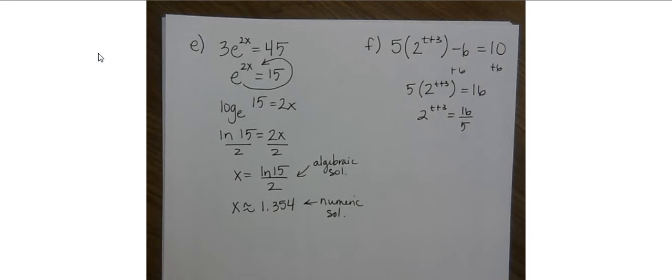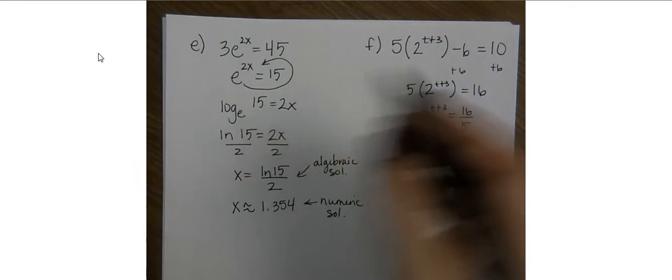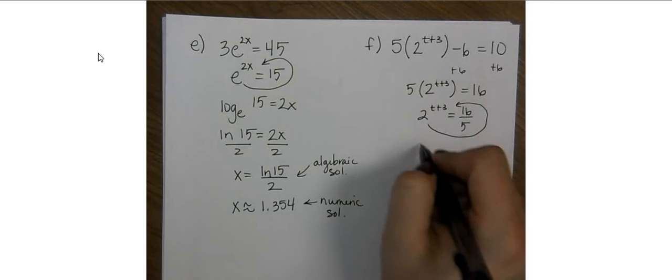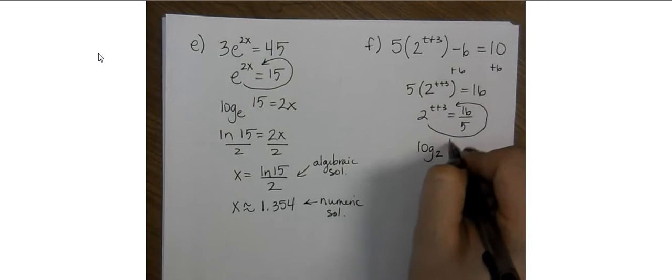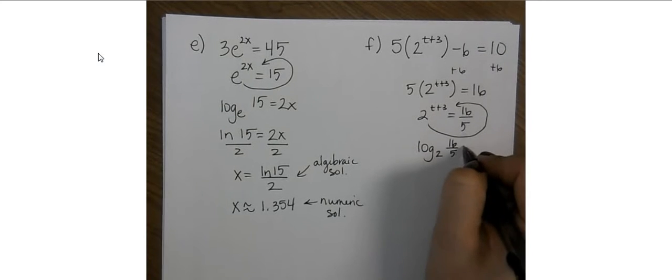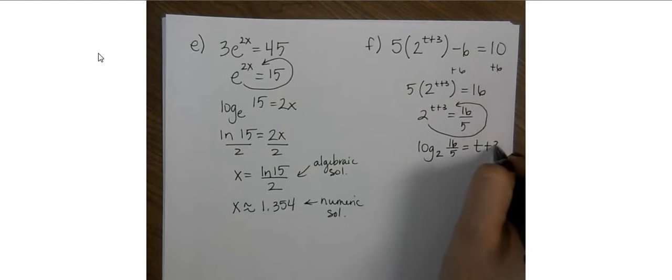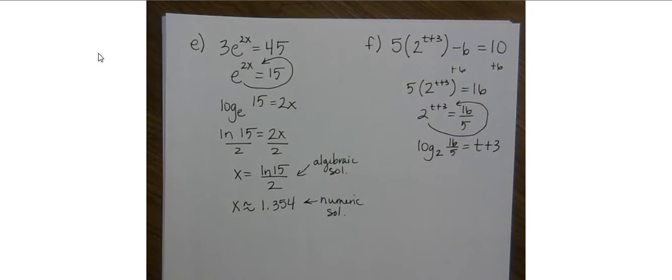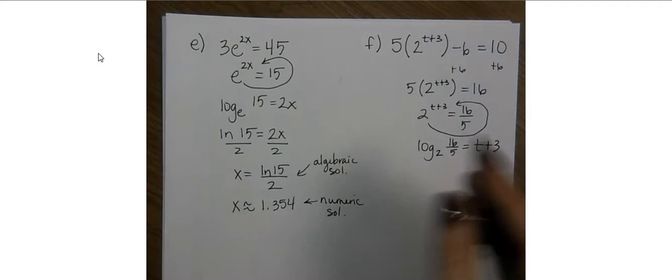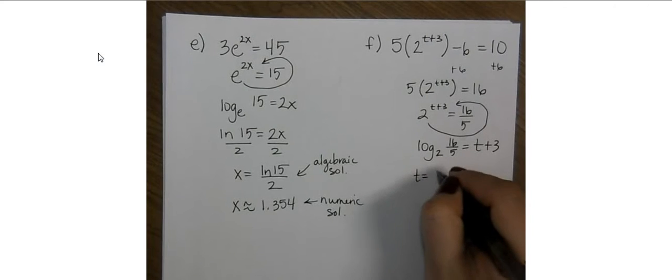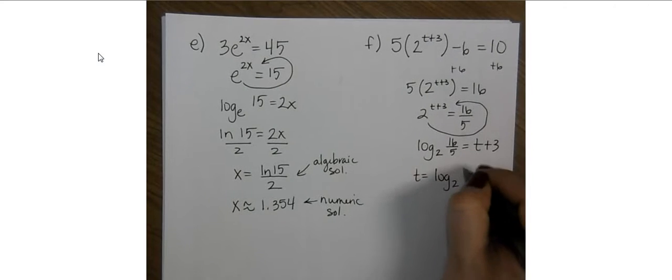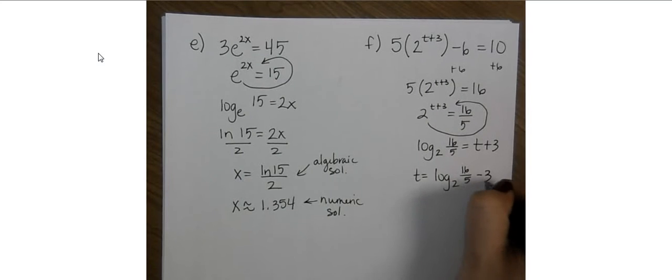I can't change the base to match, so I'm going to have to convert it to log form. So this is going to give me log base 2 of 16 over 5 equals t plus 3. And then finally, I'm going to want to subtract the 3. So I have log base 2 of 16 over 5 minus 3.